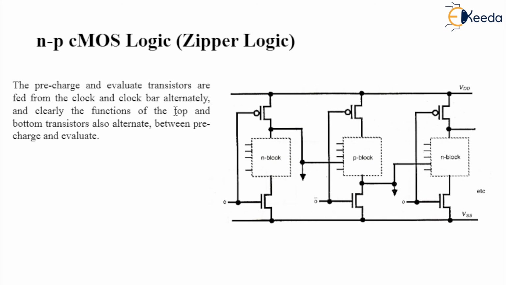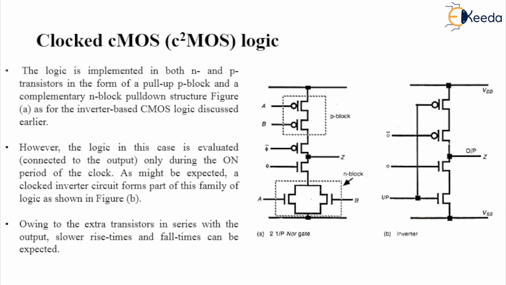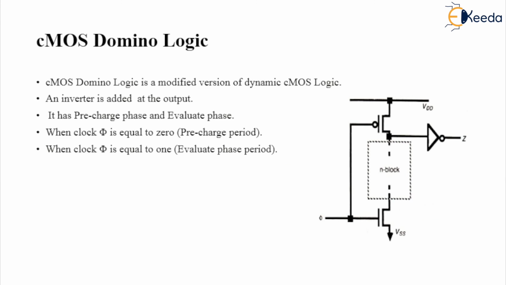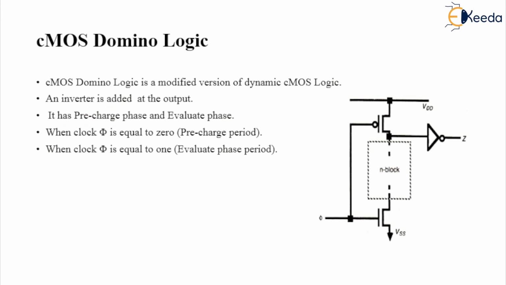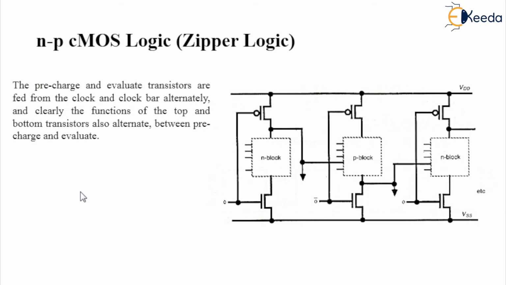Here the pre-charge and evaluation transistors are fed from the clock and clock bar alternatively, and clearly the function of the top and bottom transistors alternates between pre-charge and evaluation. As I said in the previous session also, here is pre-charge evaluation, here also pre-charge evaluation, pre-charge evaluation, and here also pre-charge evaluation.